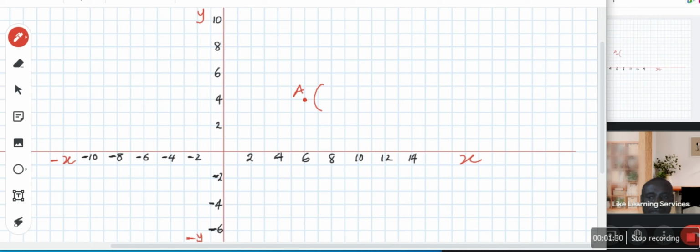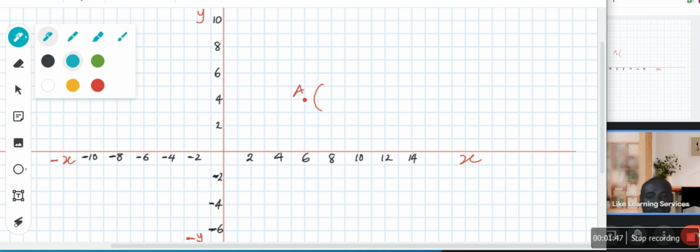6, minus 6. Okay, its position on x is 6, right? Now what about its position on y? You trace it to y to get its position on y. Oh, on the opposite side. Oh, 4.